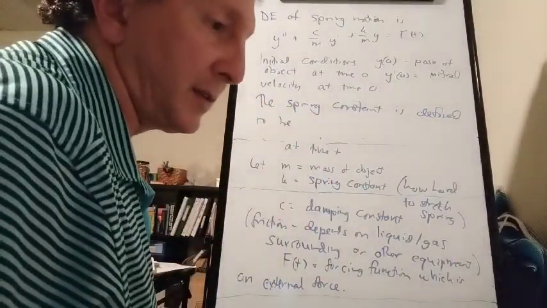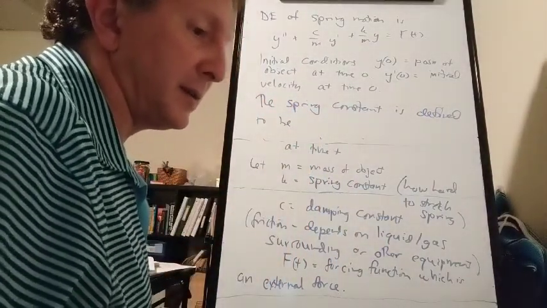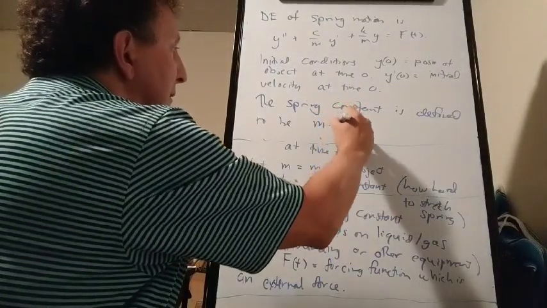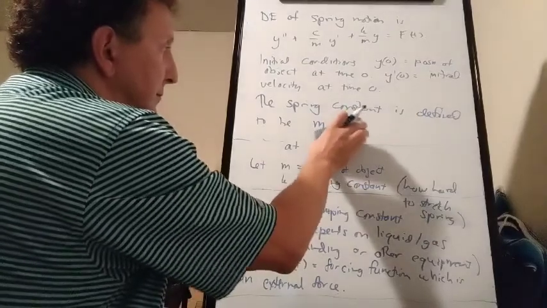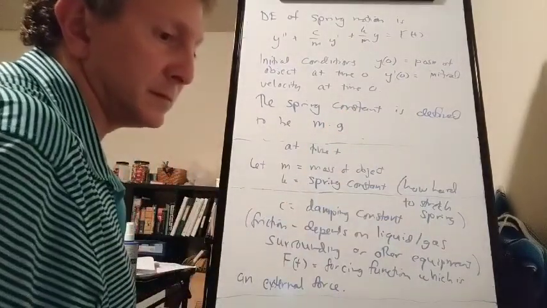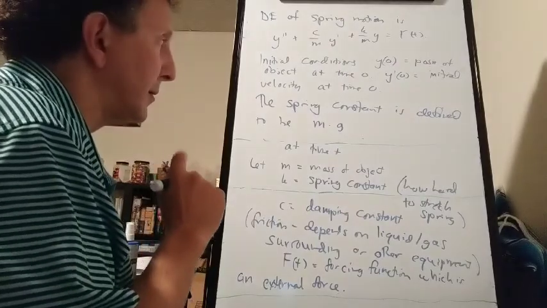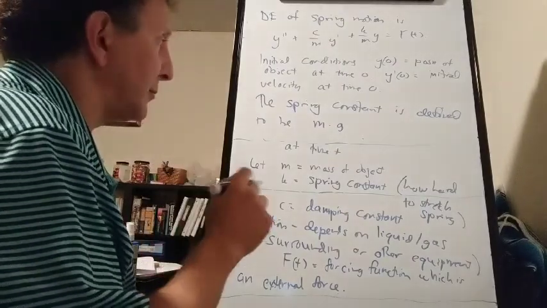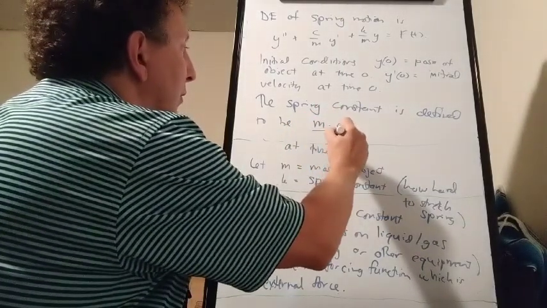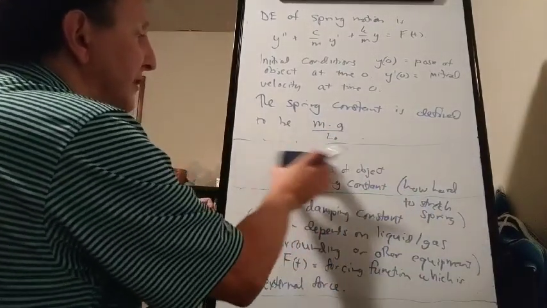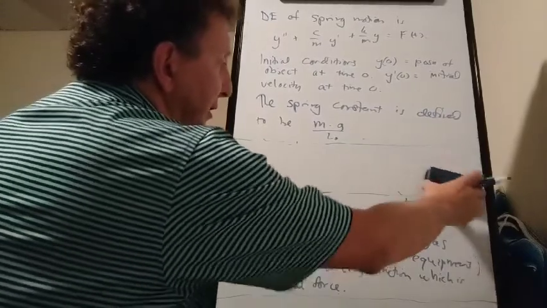So the spring constant is defined to be mass times gravity over L naught, which is the distance stretched past equilibrium.